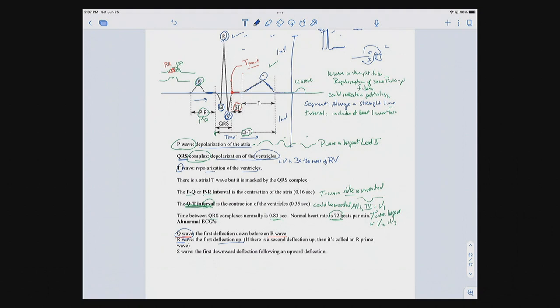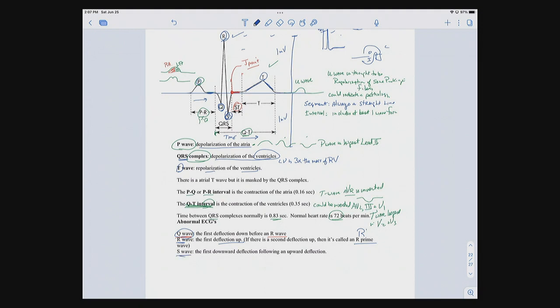But we can say that the R wave is the first deflection upward following the P wave. And we're going to find out on the next page that sometimes you'll have a double R wave, and if you do, that second R wave is called R prime. Again, I'll talk about that on the next page.